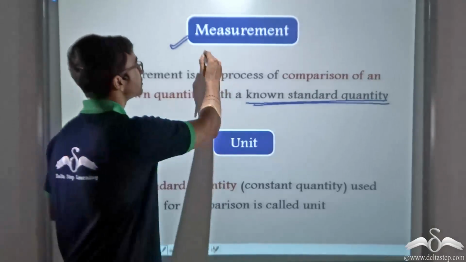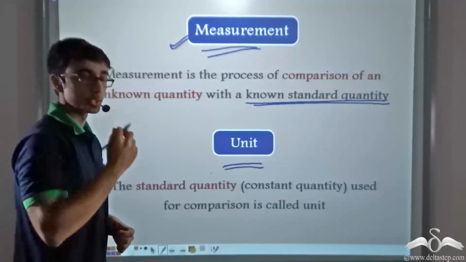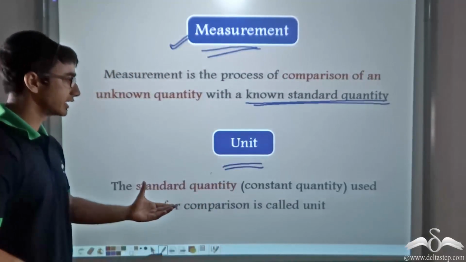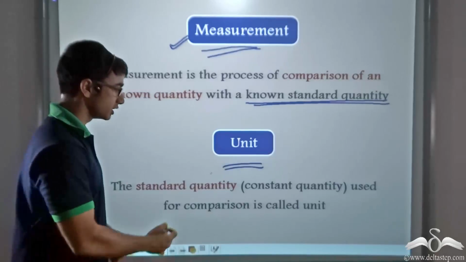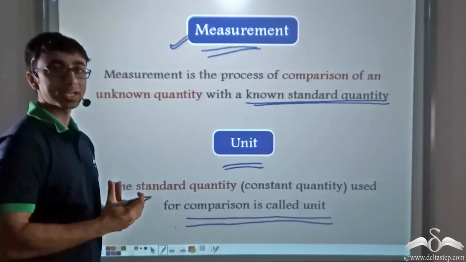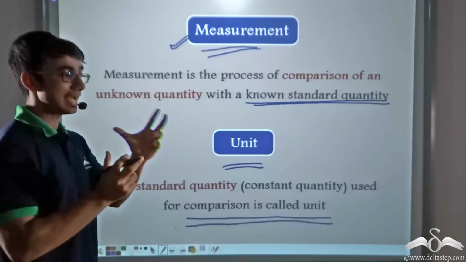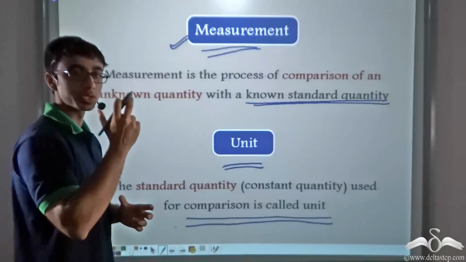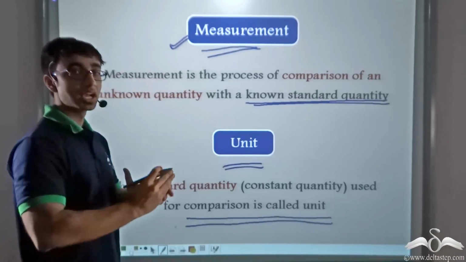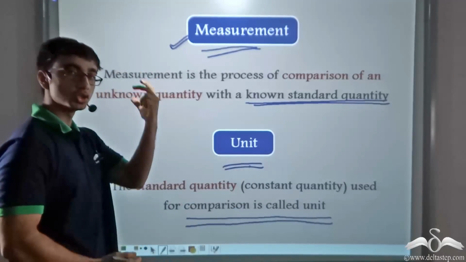And this was how measurement was carried out. Now, unit. What is unit? The standard quantity, which is a constant used for the comparison, is known as a unit. So, when I say 6 handspans or 10 feet, handspans, these represent a unit. Even a cubit. A cubit also represents a unit which was present in those days.